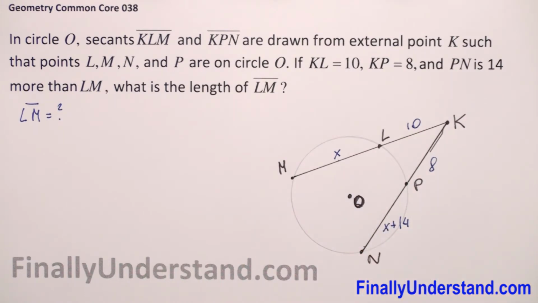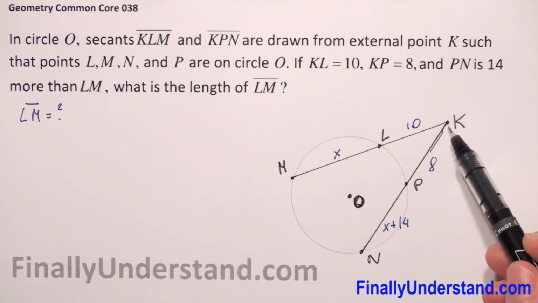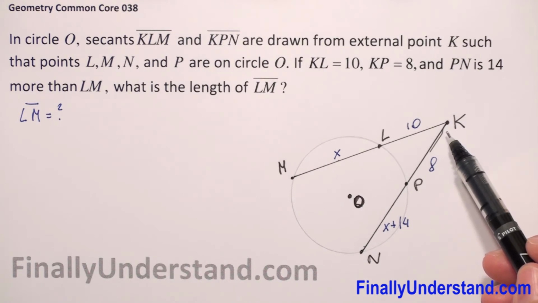We will use here the segments of secants theorem, which tells us that if two secant segments share the same endpoint outside a circle, then the product of the lengths of one secant segment and its external segment equals the product of the length of the other secant segment and its external segment.